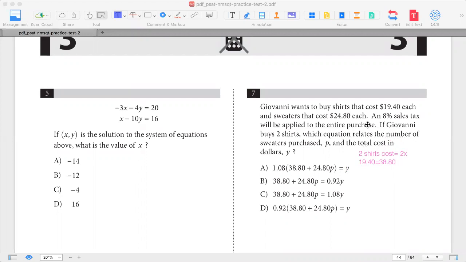And he also bought the sweater, and the sweater costs 24.80 dollars.